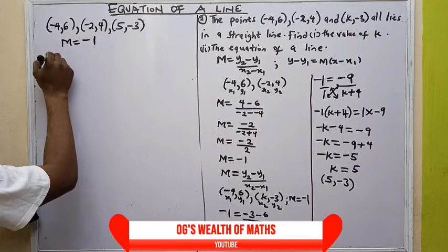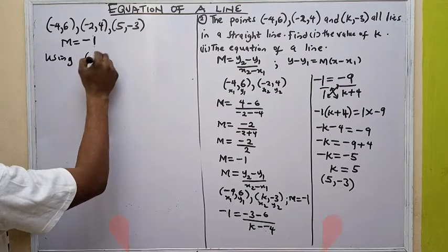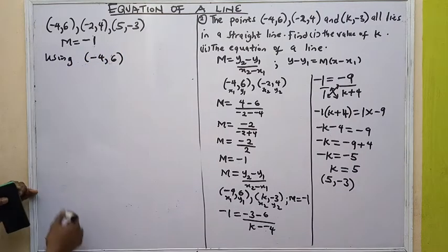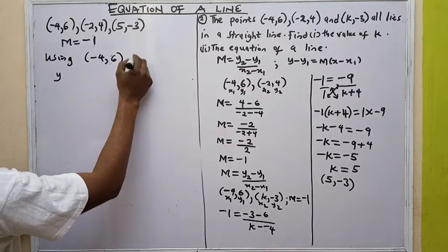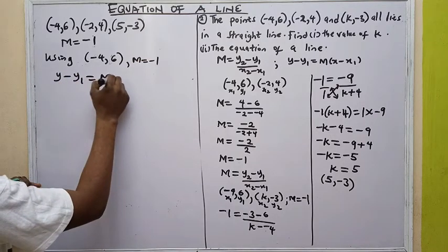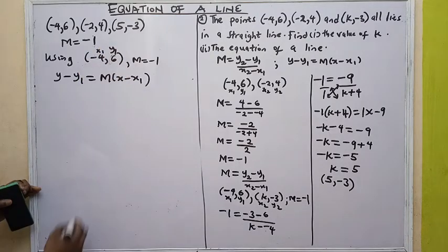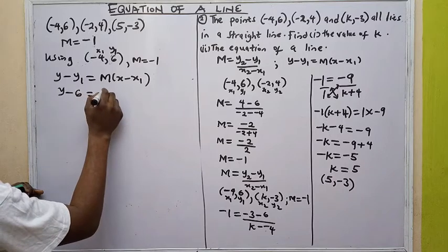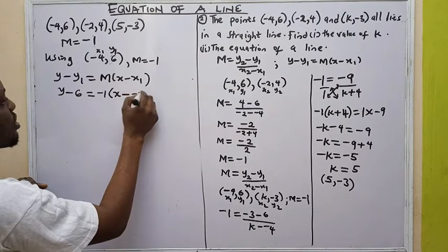Now if you use any of the points, you get the same equation. Let's try. So let's try that using the first point, using minus 4 comma 6. Let's see what the equation will be. Now our equation of the line is y, using this with the gradient m equals minus 1. So y minus y1 equals m bracket x minus x1. So this is x1, y1. So y minus y1 is 6 equals m is minus 1 bracket x minus x1 is minus 4.